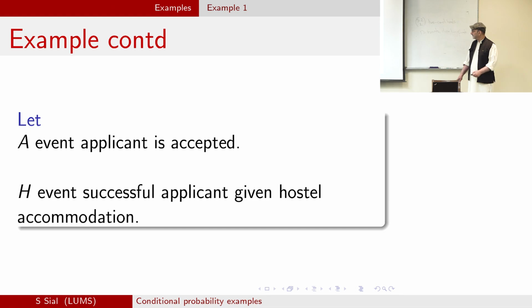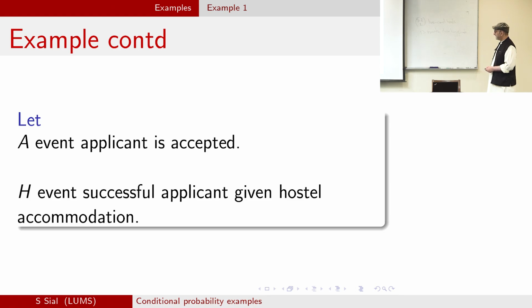All right, so on the test, you want to say something like, let A be the event that, let H be the event that. The probability that I want is A intersection H. A is the event that the applicant is accepted.